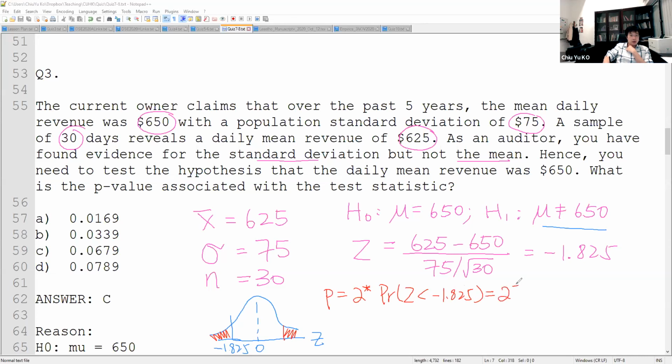So it's 2 times norm.s.dist of negative 1.285. Okay, you put the true, of course. Okay, so the answer would be the p-value is 0.679. Okay, so the p-value, because you need both.